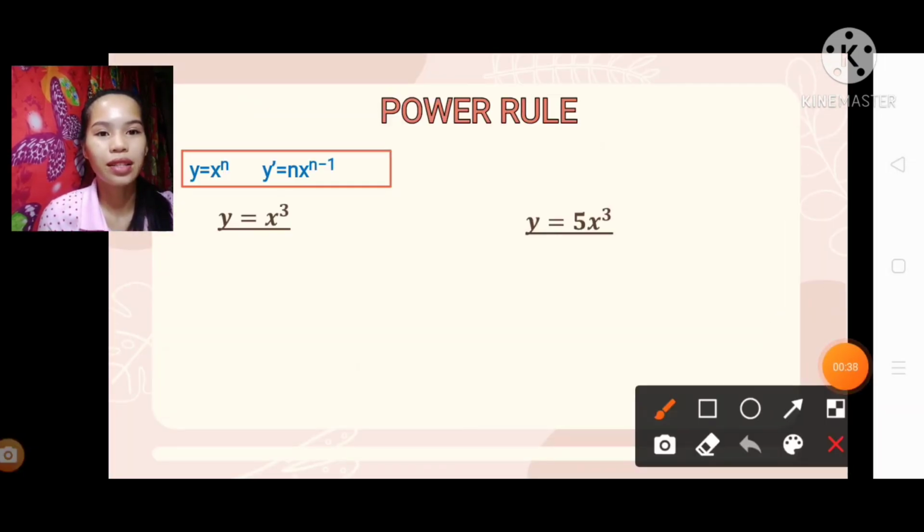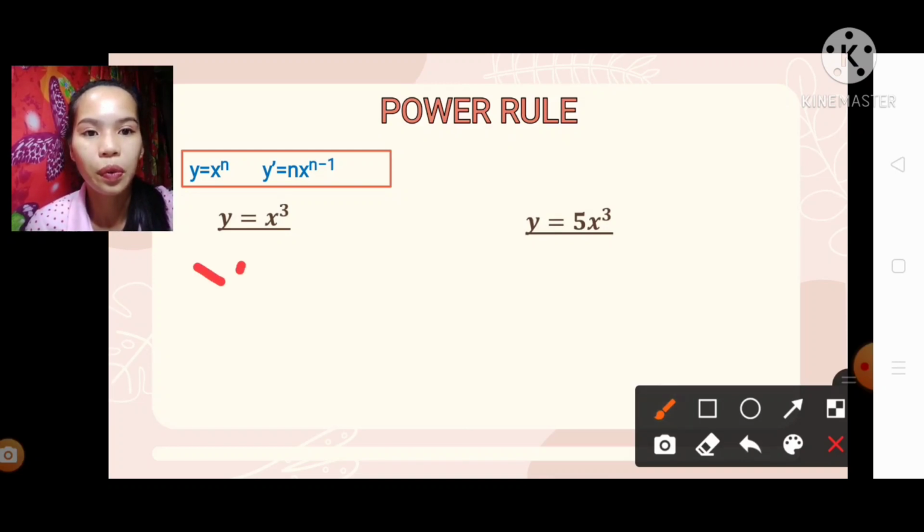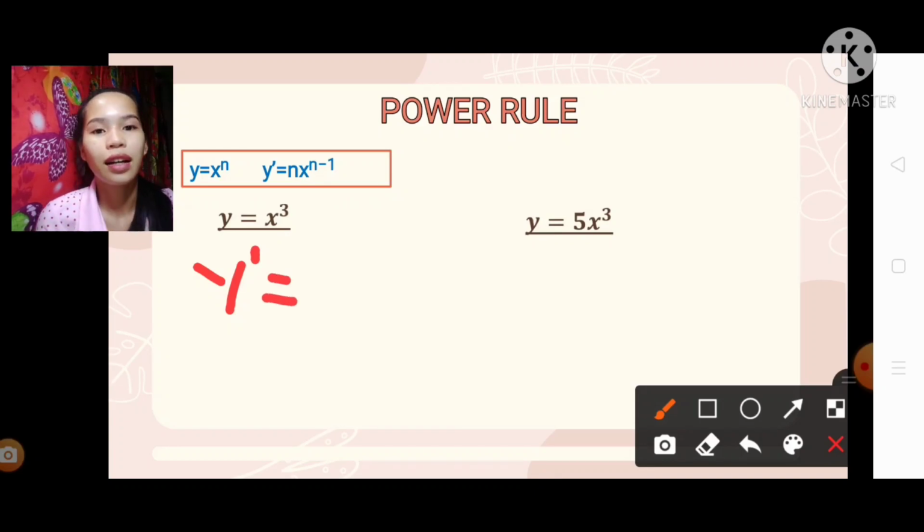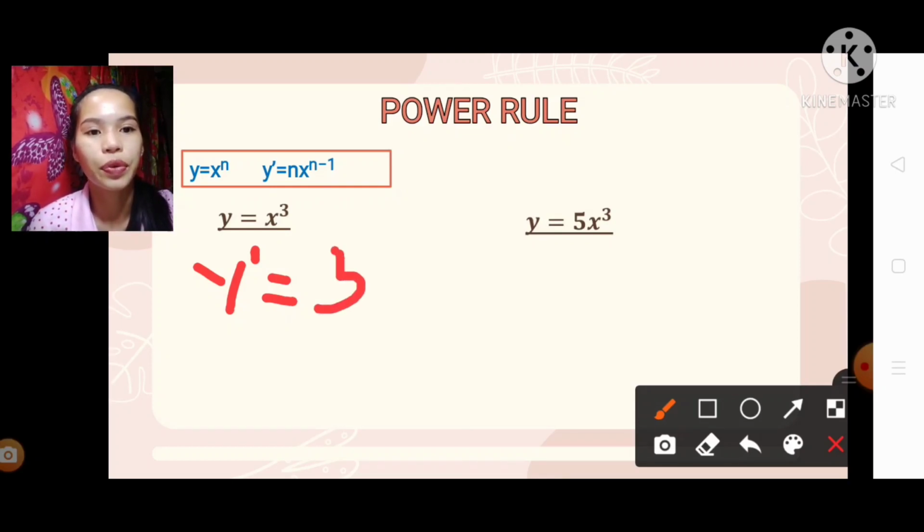y equals x cubed. So the derivative of y equals x cubed is y prime equals, let us put the exponent here in front of the x as a coefficient, so 3x.